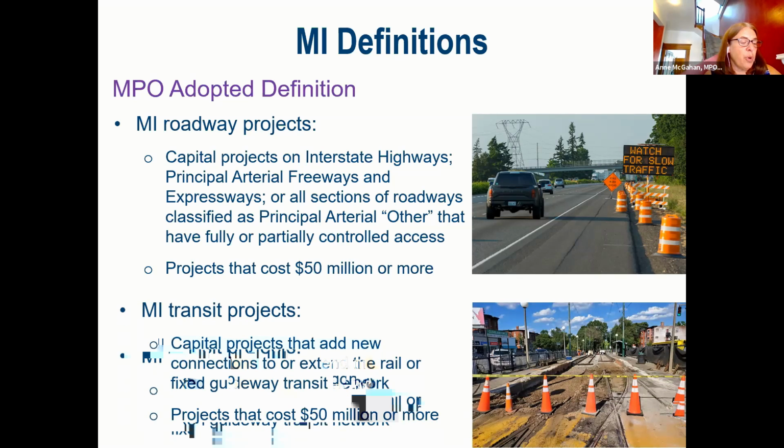Major infrastructure projects on the transit network include those that meet at least one of the following criteria: capital projects that add new connections to or extend the rail or fixed guideway transit network, and projects that cost $50 million or more.